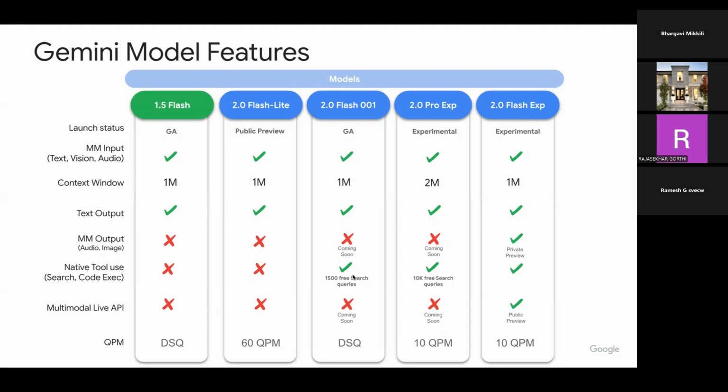And it also has tool integration, so it is able to integrate with various kinds of tools, be it web search through Google's search engine interface, and also other tool integrations related to code execution and things like that. So this is a major advantage that we are able to see as part of the 2.0 Flash model.